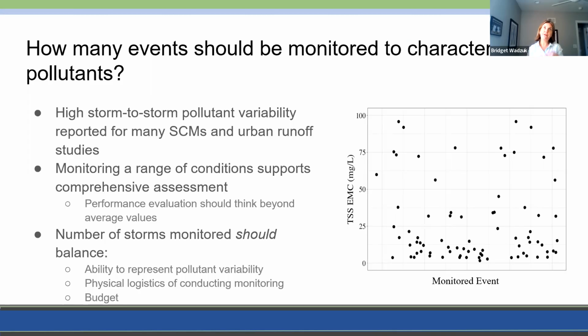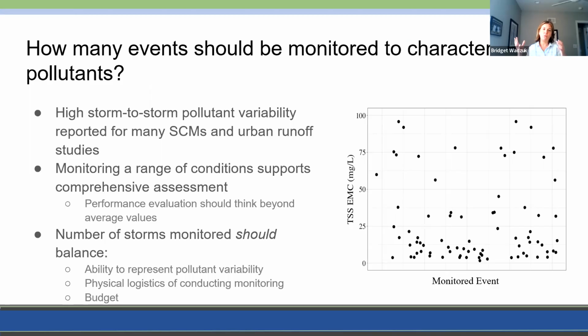And so we want to figure out how we think not just about the average when we're looking at our data, but about the range of conditions that we're actually observing. While the average is informative in a way, we're often interested also in those higher values, and we're also interested in the lower values as well.